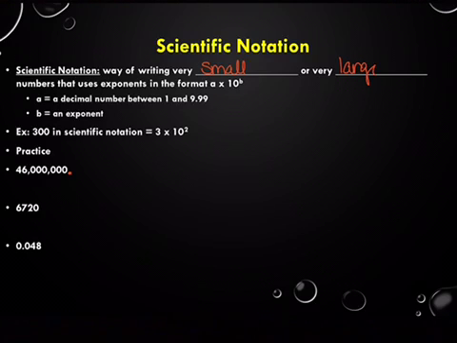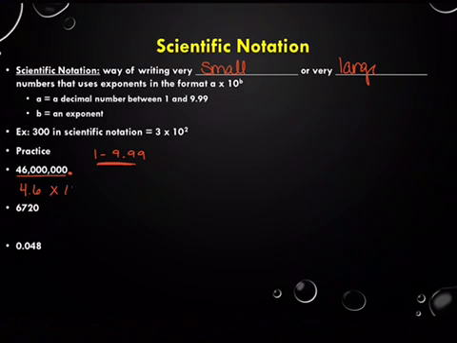And so we're going to move this decimal somewhere in this line of numbers so that we get a number between 1 and 9.999. The only place where you can put this decimal to get a number that fits that rule is between the 4 and the 6.